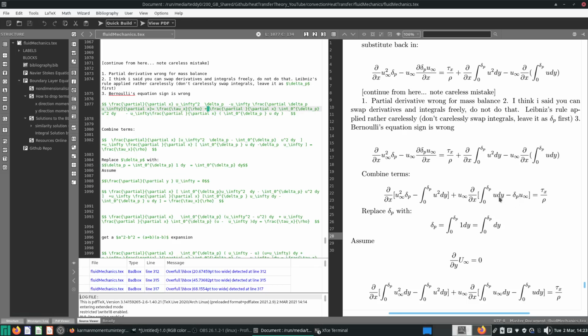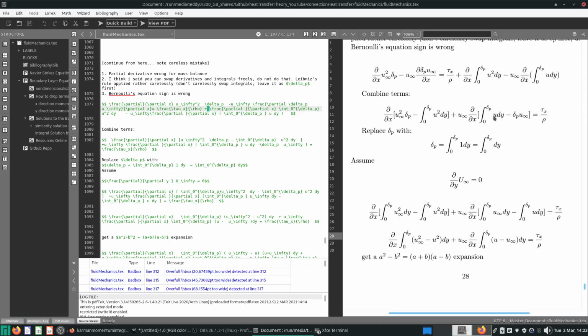This integral only covers the first term, not the second term. Just be very, very clear about that. The dy here should give you that clue.